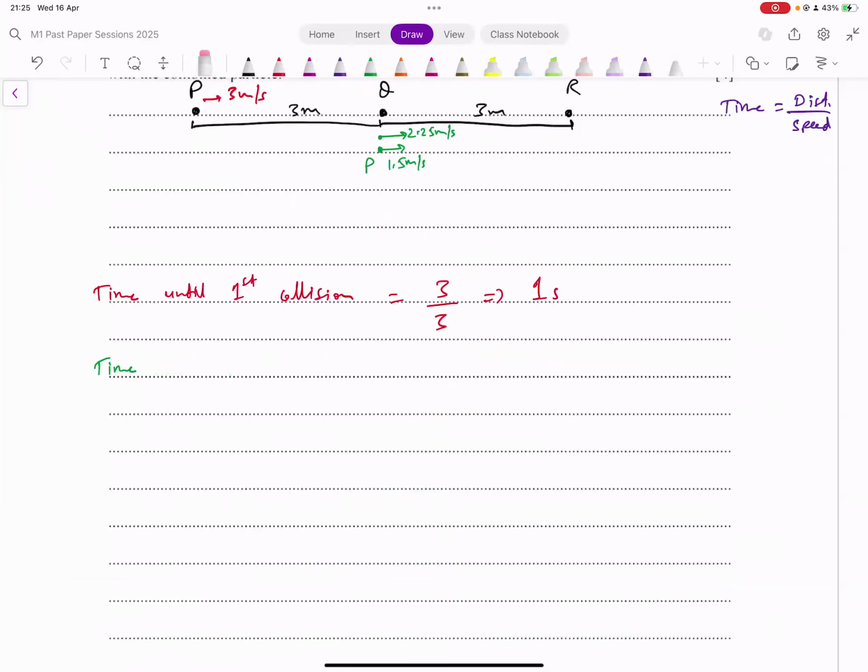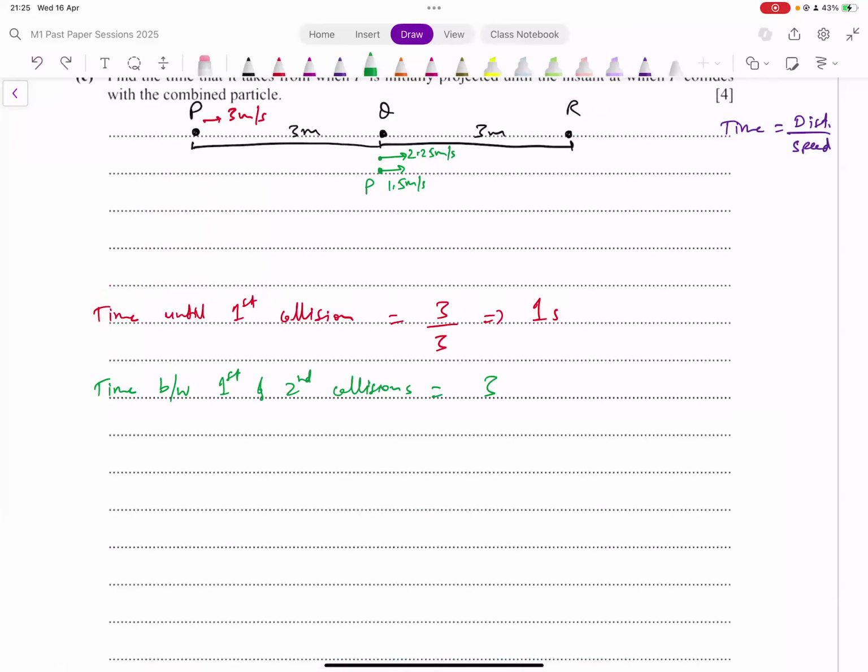Or you can say time between first and second collisions. What's this? 3 over 2.25?